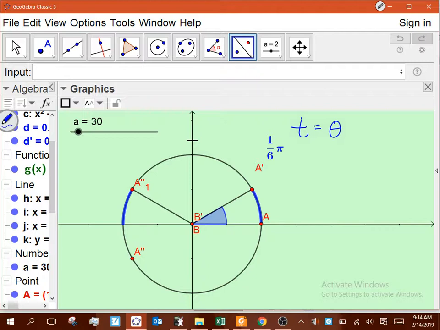Yeah, because of the symmetry in the y-axis, right? What is the only thing that's going to be different about those ordered pairs? The signs, right?